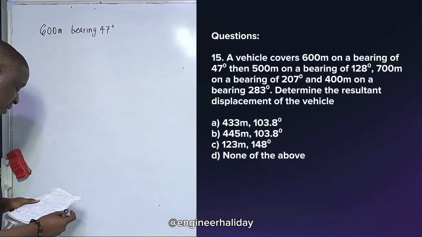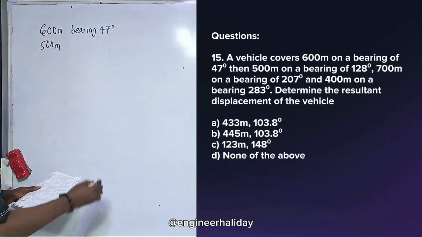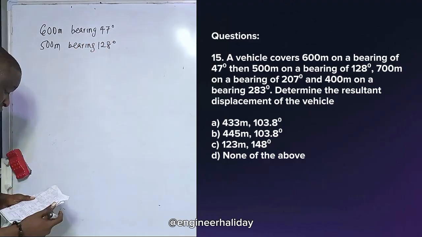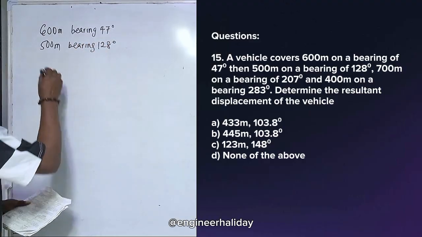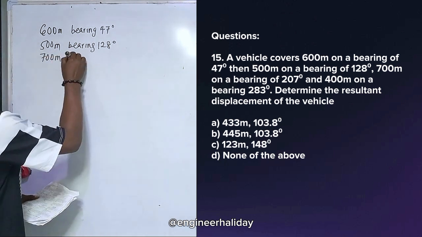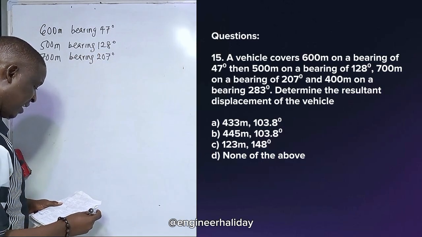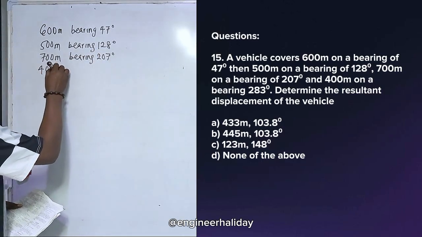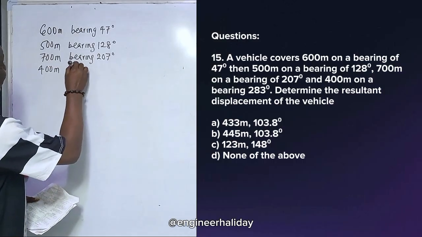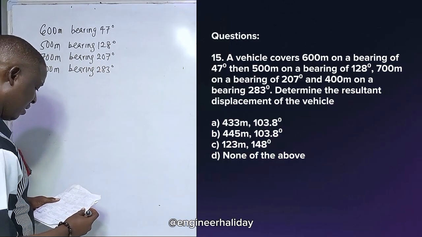The second one says 500 meter on a bearing of 128 degree. The third one says 700 meter on a bearing of 207 degree. And then 400 meter on a bearing of 283 degree.